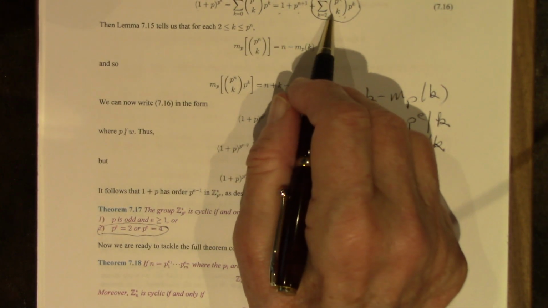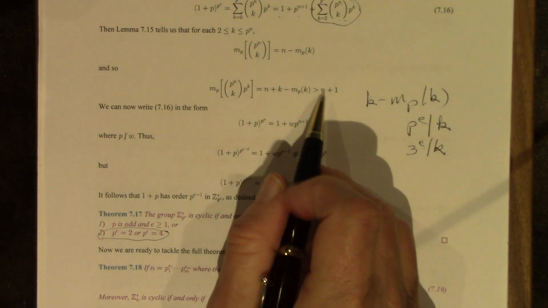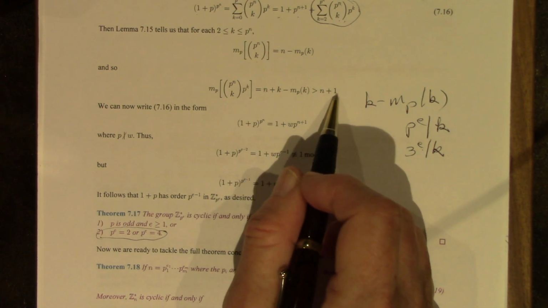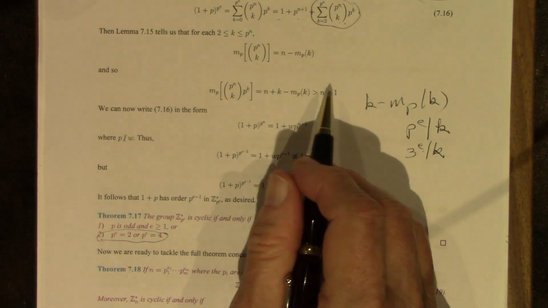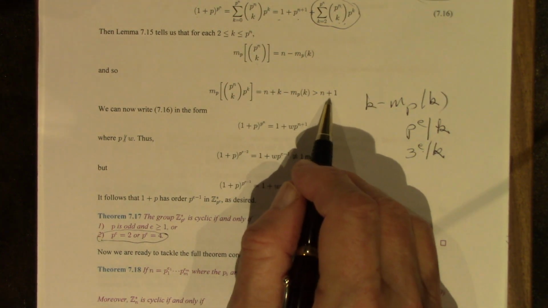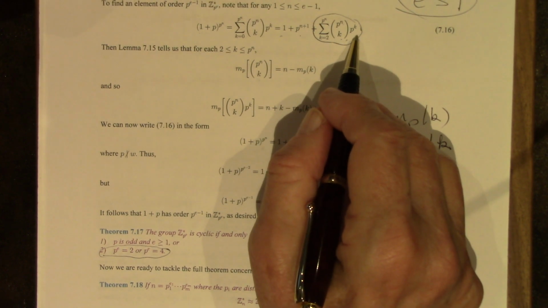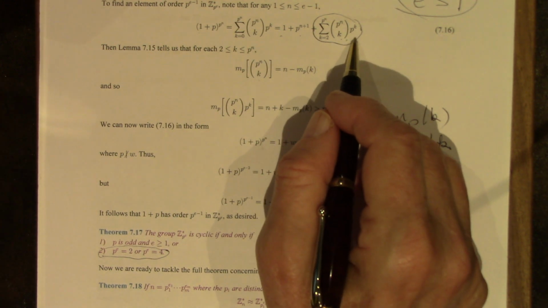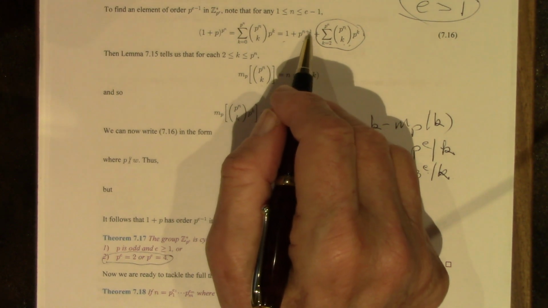Now, we can write this expression. See, the point here now is that, maybe I should have written this as greater than or equal to n plus 2, because p to the n plus 2 will divide each of these terms. Maybe a higher power of p, but I don't care. P to the n plus 2 at least. This is divisible exactly by p to the n plus 1.